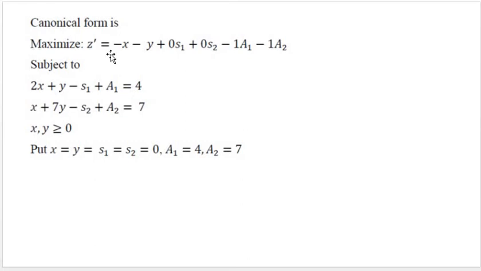So the canonical form is obtained by introducing artificial variables.